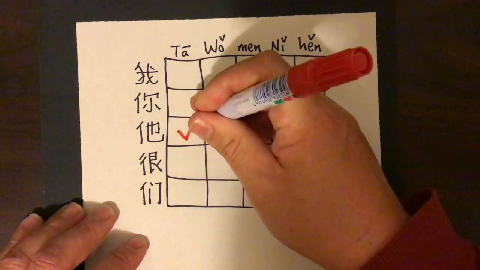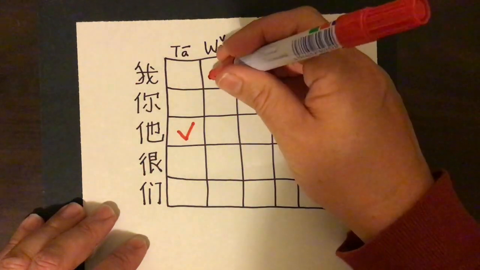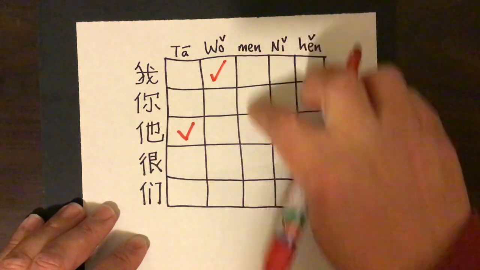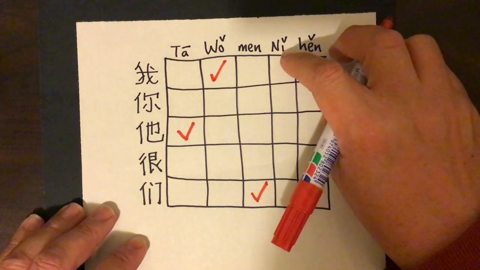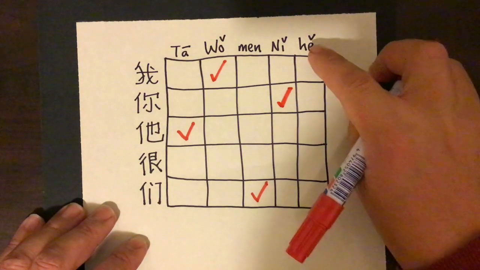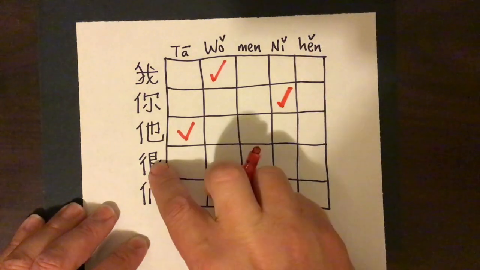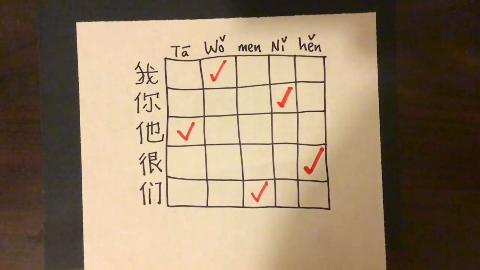Okay, we'll give that box a tick there so we know that's the right one. War. Okay, no, that one's right. Mun, that's right too. Ni, which means you. Ni, that lines up there. Hun, for very. Hun, there we are. So that's the idea of it, everyone.